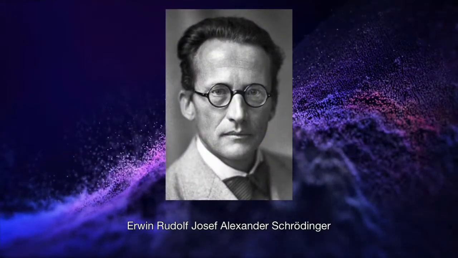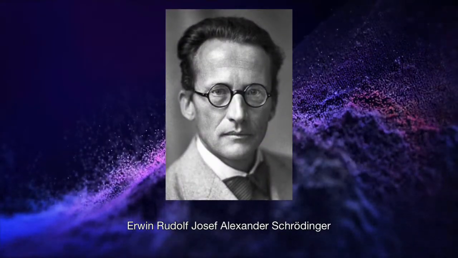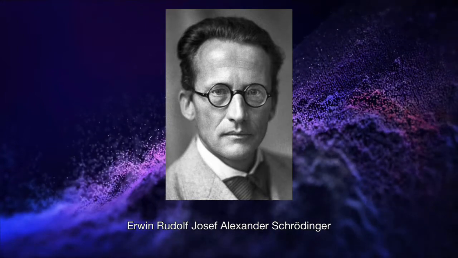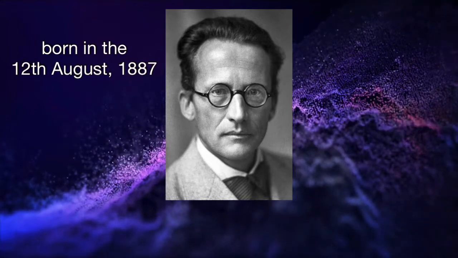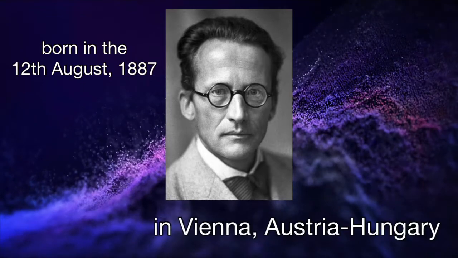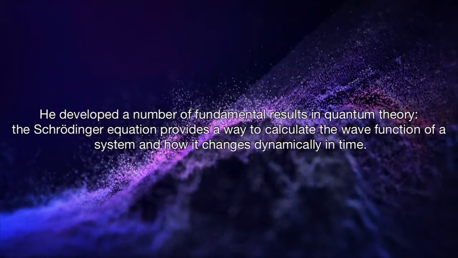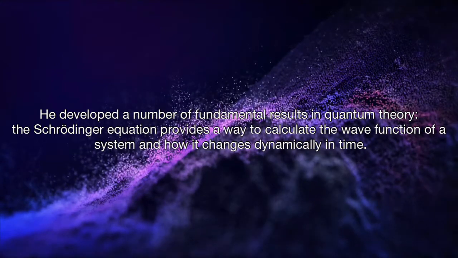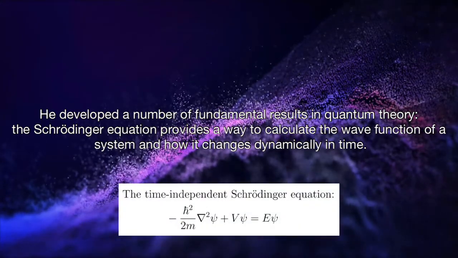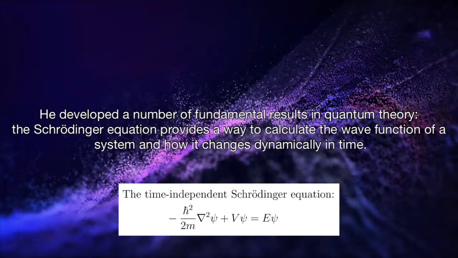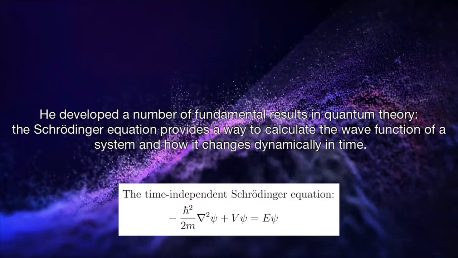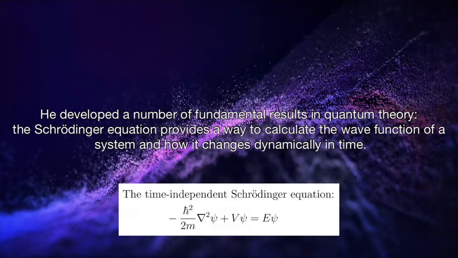Erwin Rudolf Joseph Alexander Schrödinger was a Nobel Prize-winning Austrian-Irish physicist born on the 12th of August 1887 in Vienna, Austria-Hungary. He developed a number of fundamental results in quantum theory. The Schrödinger equation provides a way to calculate the wave function of a system and how it changes dynamically in time.